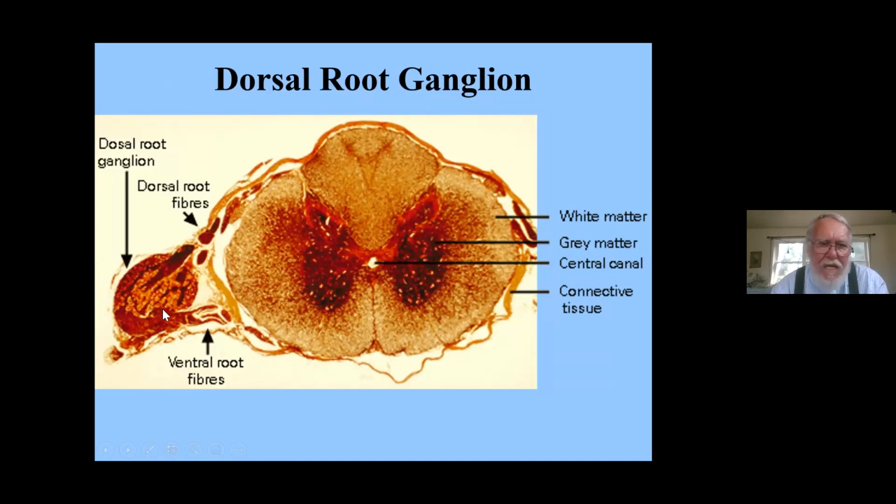And again, these cells that are out in the dorsal root ganglion are made up of cells that bifurcate. One end, the axons, are going out to the periphery and doing the innervation. The other part is entering into the spinal cord. Okay.